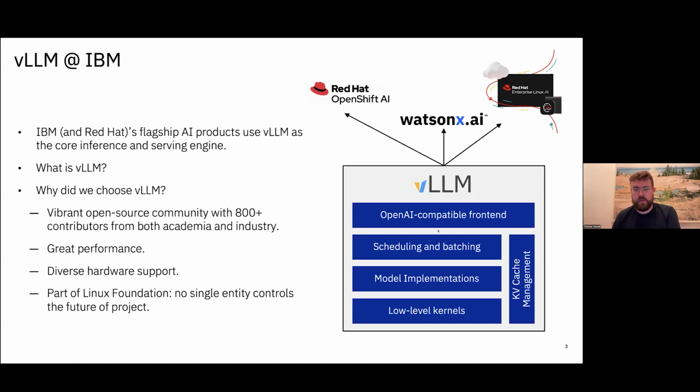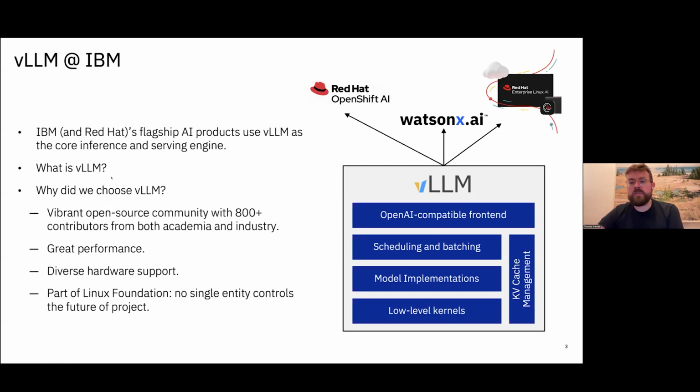We start by processing the prompt and generating a single token, and then we keep generating more tokens after that. Each of them depends on all of the previous ones. And in between each iteration, we have a state that's called the KV cache. It's very important to think about that state and manage it carefully, and that's what vLLM does really well.